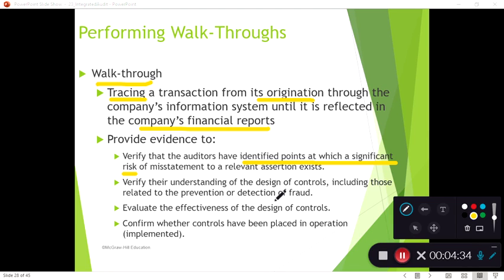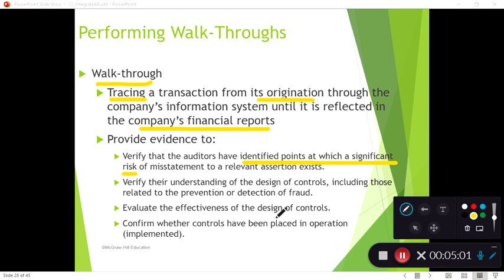So maybe there might be a step where you have a bunch of sales transactions and they get input into the system, but for example, there's no check to make sure that the total amount that was input matches the total amount of invoices that the person was supposed to input, right? That would be a point in which there could be a significant risk.